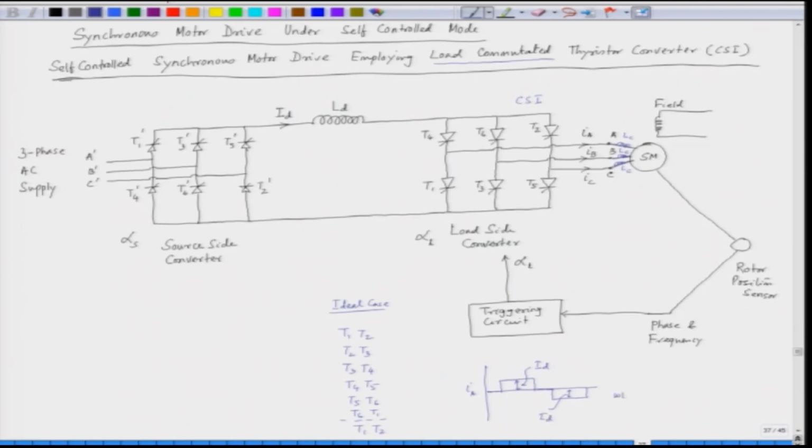This is against omega t, with pi and 2 pi marked, and the duration of the positive pulse is 120 degree and the duration of the negative pulse is also 120 degree. So, this is a quasi square waveform, and this is the ideal waveform.